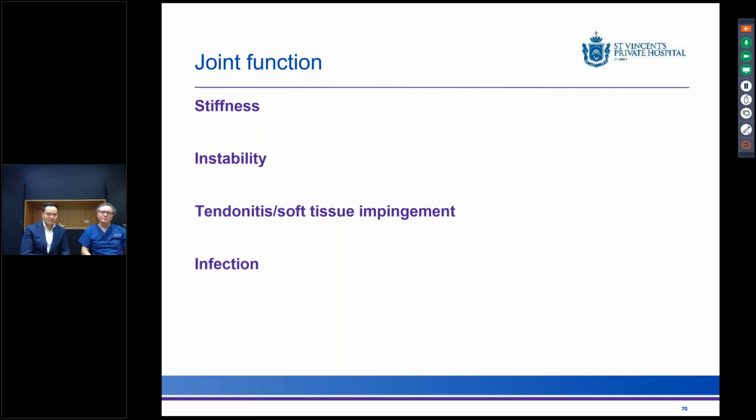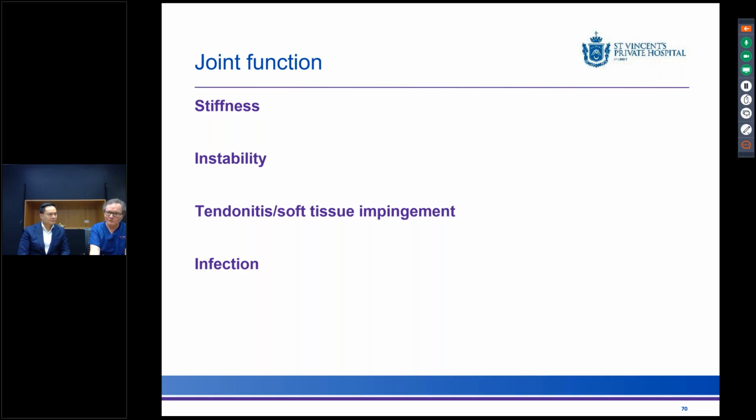So that's a concern. Maybe someone who's starting to throw off a lot of scar tissue and may require a manipulation under anesthetic. At the same time, the person may have been like my other patient who's already had a fixed flexion deformity of 25 degrees and achieved 90 degrees.